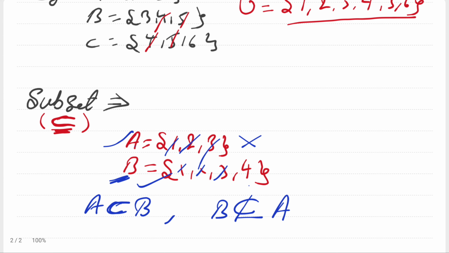So what we understand from this is the subset. The definition of subset is that set A is said to be a subset of set B if whatever elements are present in set A are also present in set B. Do you understand?